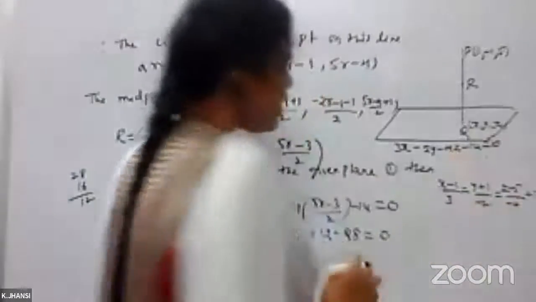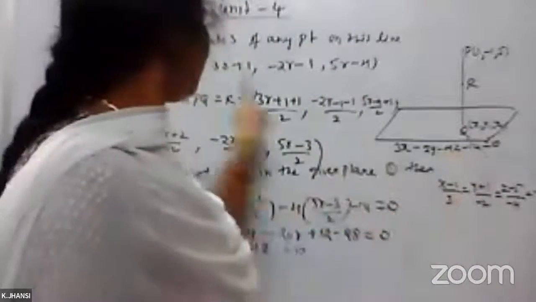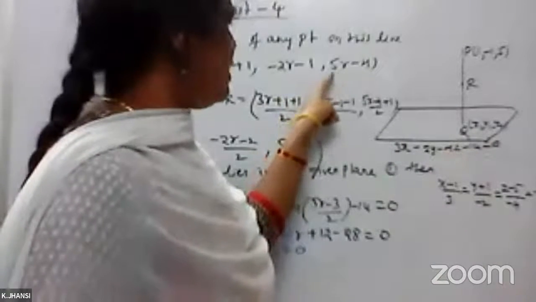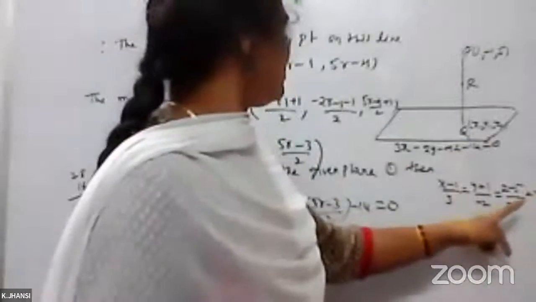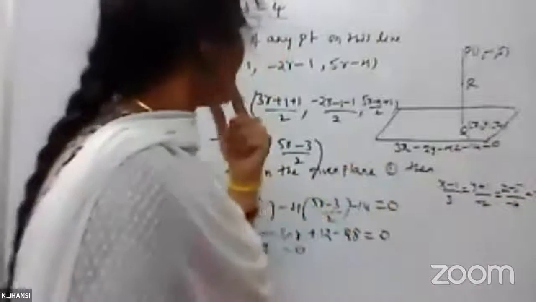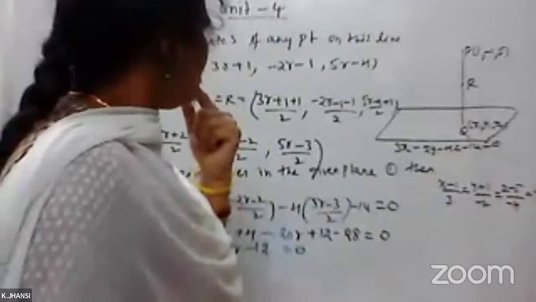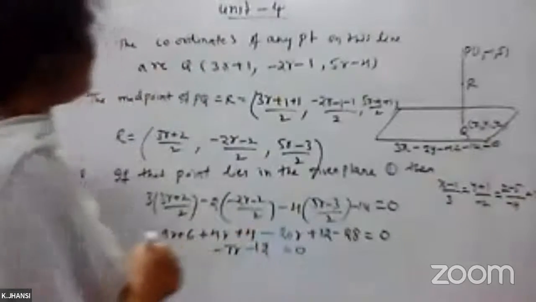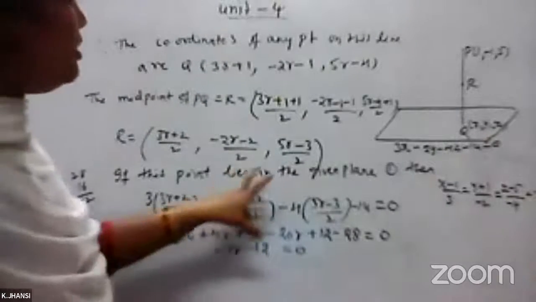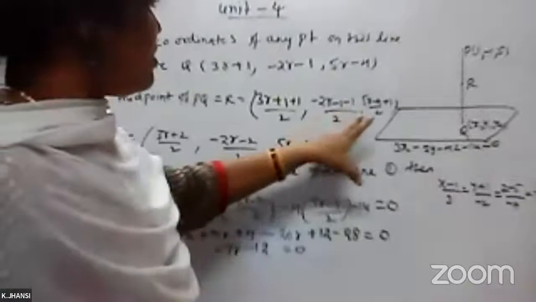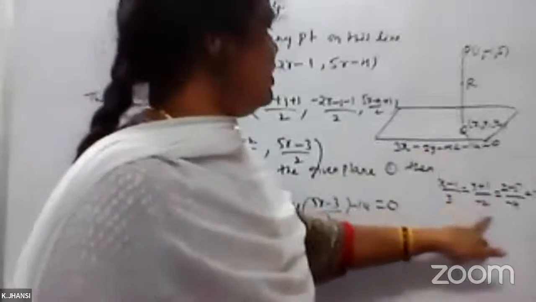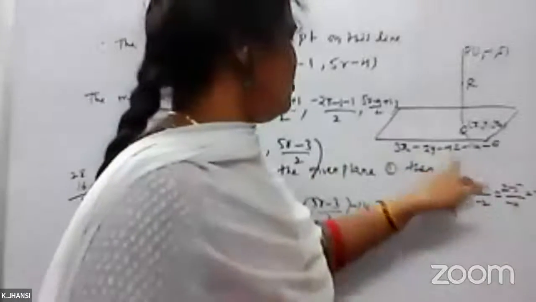So equals R means x equals 3R plus 1, y equals minus 2R minus 1. So you see somewhere it went wrong. Minus 2R. Actually 3, 2, 4, no? So 3, minus 2, minus 4.